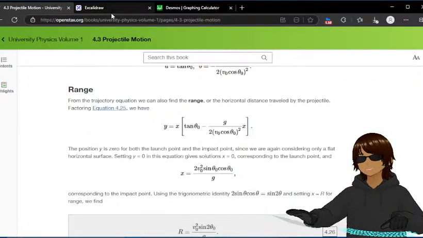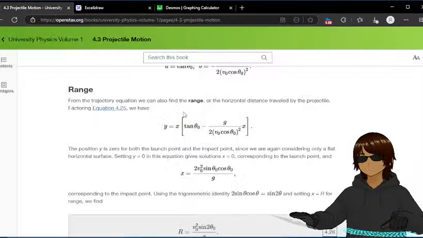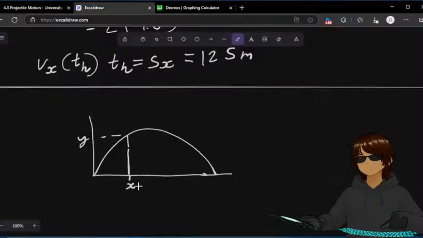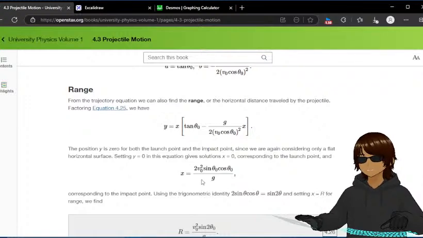By range, they mean y is 0, then it goes up and y is 0 again. So we have to find two values where y is 0. The first one is when x is 0. The second one is when x is some other value, and this other value is 2 u squared sine cos over g.